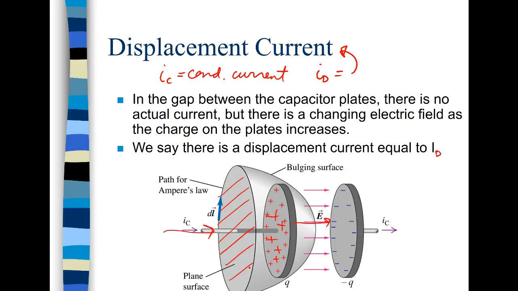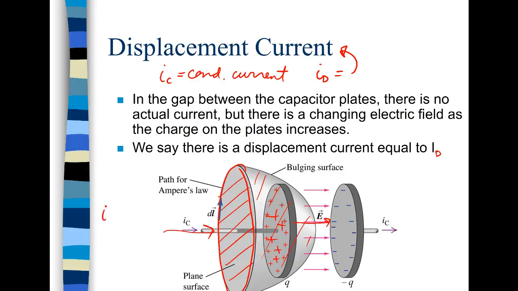This circle, and then this weird bulging surface. But both of them are bounded by the same Amperian loop. And that's the path that we use for Ampere's law. Now, because those loops bound the same surface, then we need to have the same current on both sides.